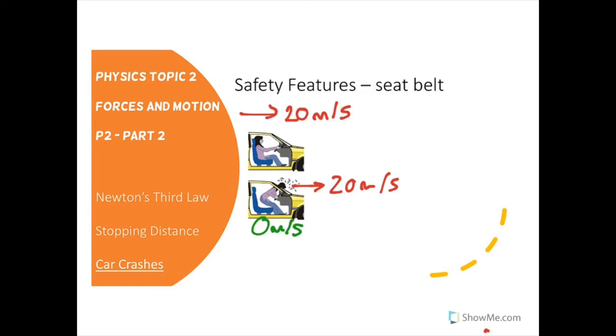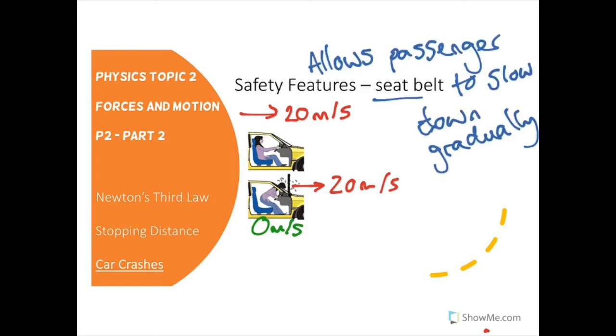So if they crash and the speed of the car slows down, they are still going at that speed and they will hit whichever object is in front of them at that speed. So if that is the dashboard, they're going to slow down really, really quickly and have a massive force on them, which could kill them. But the seatbelt allows the passenger to slow down gradually and take advantage of the other safety features of the car, such as the crumple zone and the airbags.